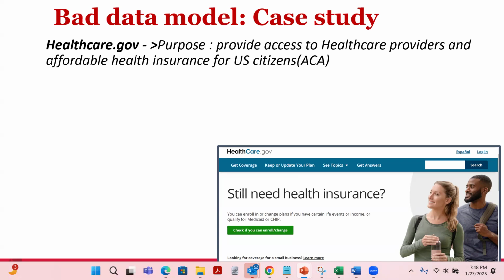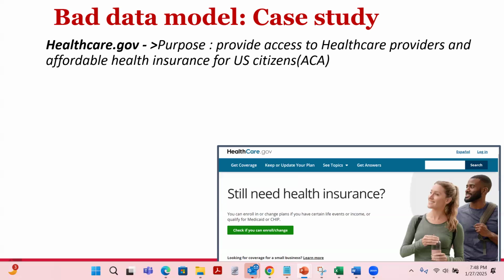The idea behind the system was to provide access to affordable healthcare insurance. It was a technical implementation of Obamacare. So the purpose was fantastic, to make sure that all US citizens have insurance.